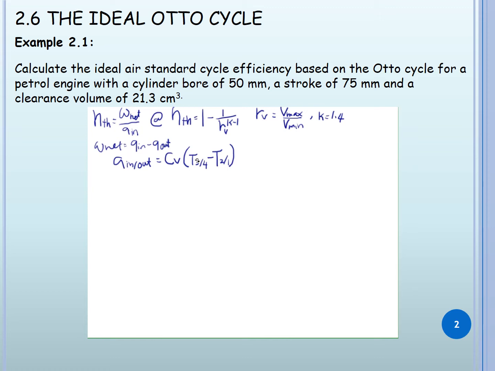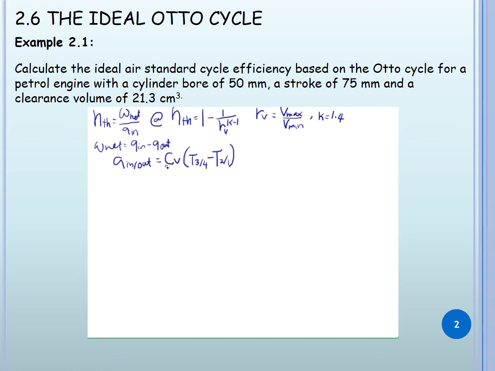Temperature at point 3 minus temperature at point 2 for Q in, and temperature at point 4 minus temperature at point 1 for Q out.